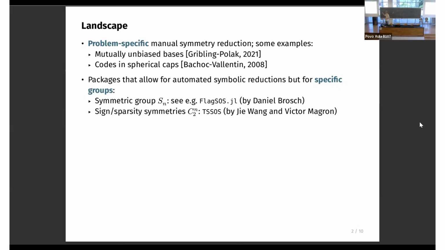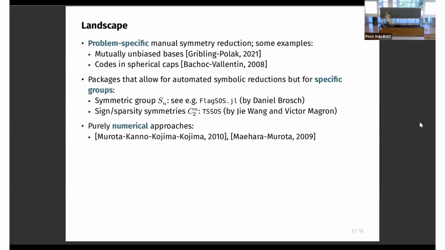And then I think, I might be wrong, but I think in TSSOS they have special handling for sign symmetries. They're packaged by Jie Wang and Victor Magron. But it might also be integrated in the package that I talk about after this.